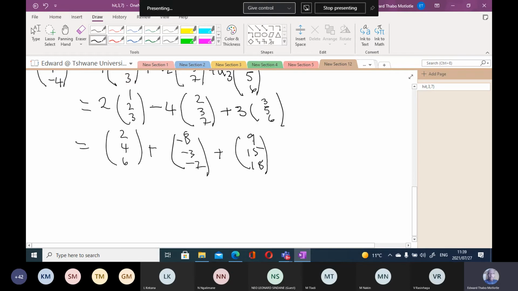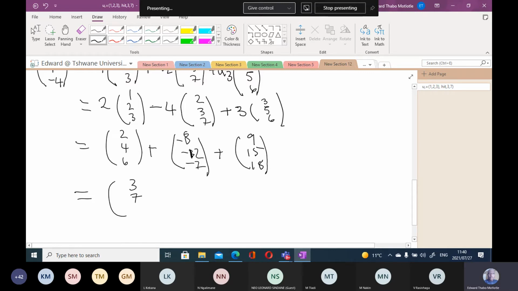So if we add the top ones, what do we end up with? We have 11 minus 8. This gives me 3. We have 19. This is 12 here. 19 minus 12 gives me 7. And we have, this is 6.